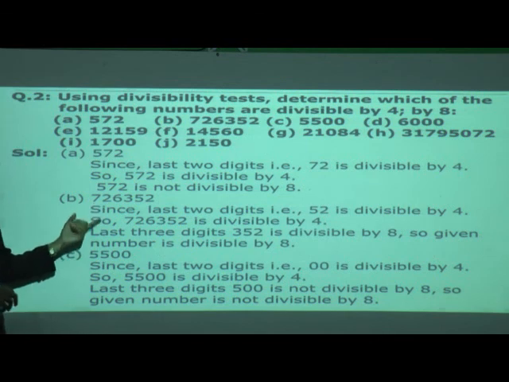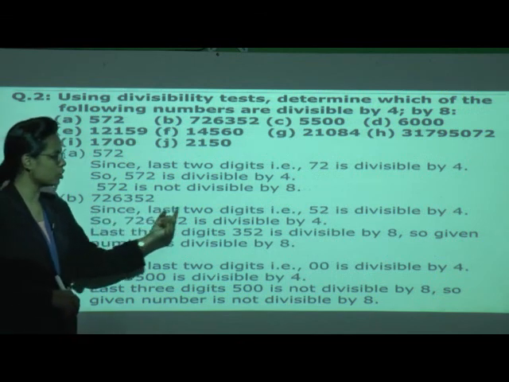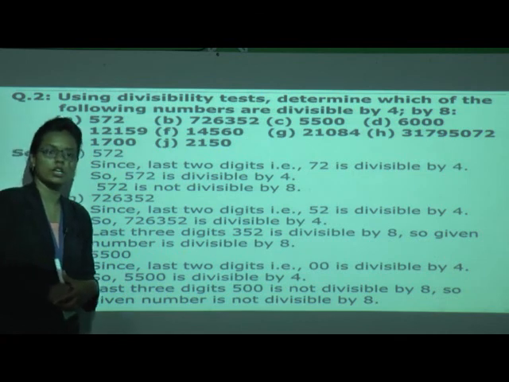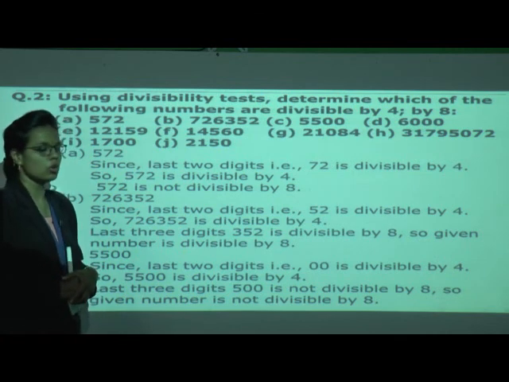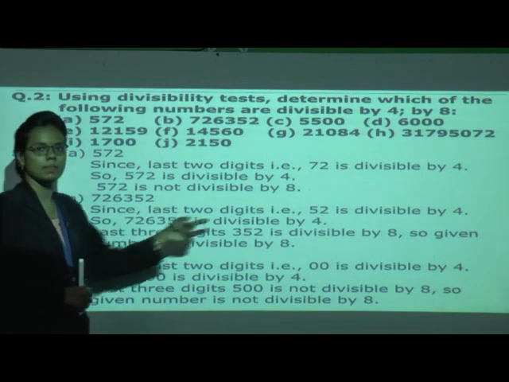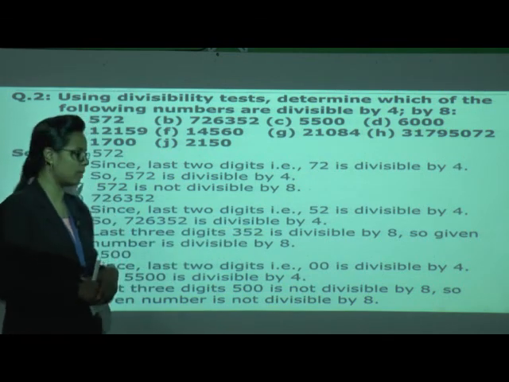Okay. Next the number is 6-digit. We have to find again the same, 4 as well as 8. Since the last two digits, 52, are divisible by 4, the number is completely divisible by 4.